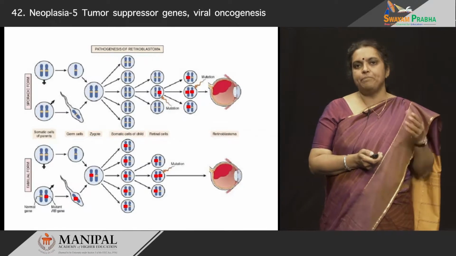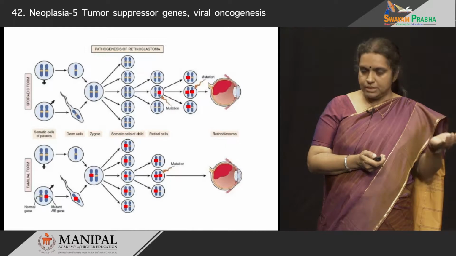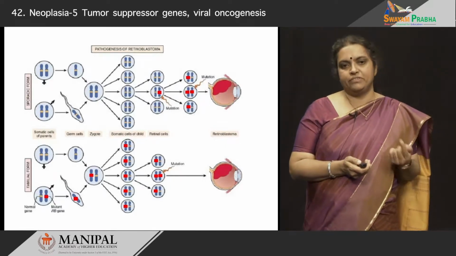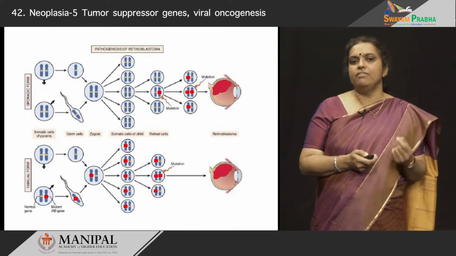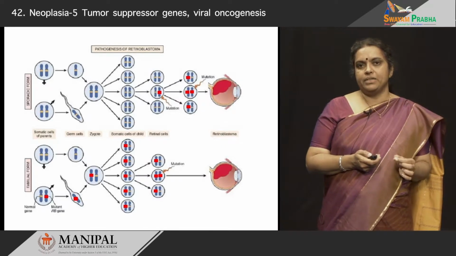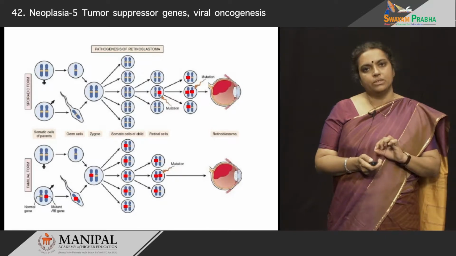By familial, what we mean is that the child, when he is born, is already born with one defective gene. So, the germ cells of the individual will have one defective gene. Now, all that is required is another hit within the retinal cells for the disease to develop.